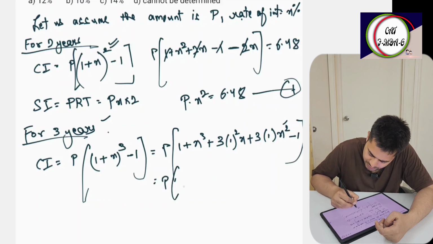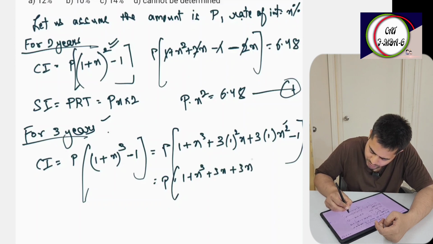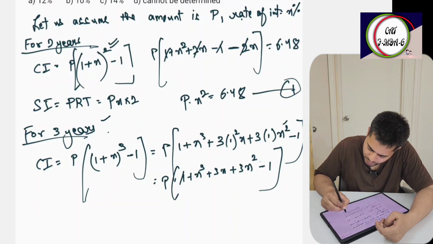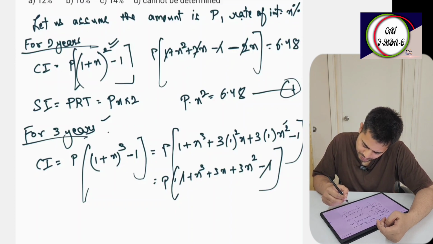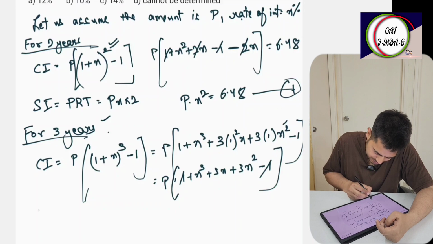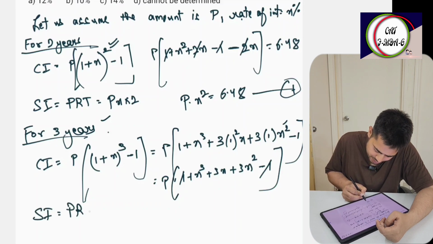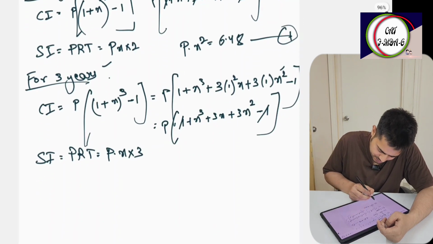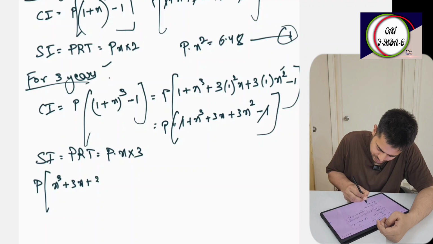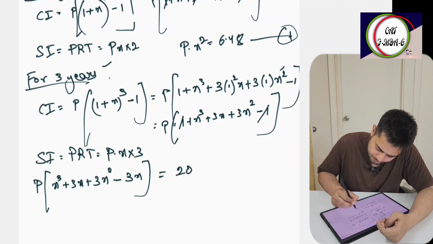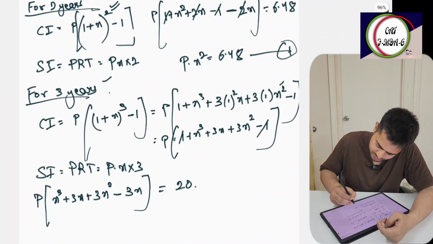So this will be 1 plus X cube plus 3X plus 3X square minus 1. So 1 gets cancelled, and simple interest will be given as P into R into T, so P into X into 3. So the difference, compound interest minus simple interest, will be P times X cube plus 3X square plus 3X minus 3X, which is equal to 20.2176.